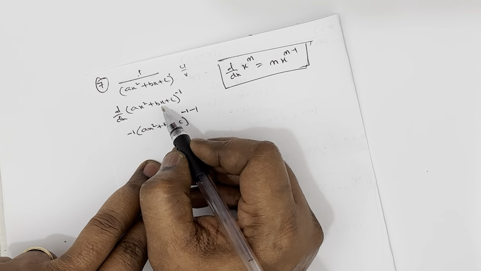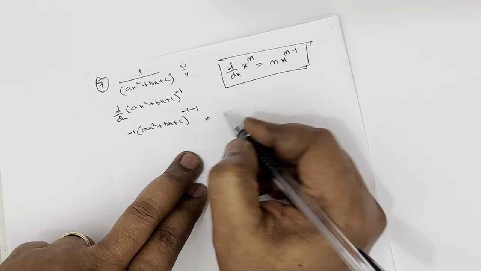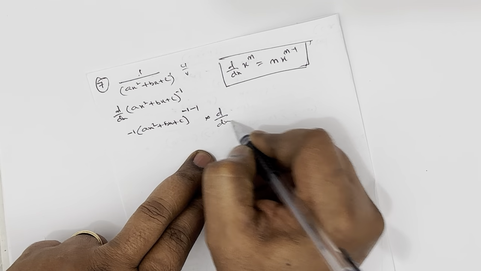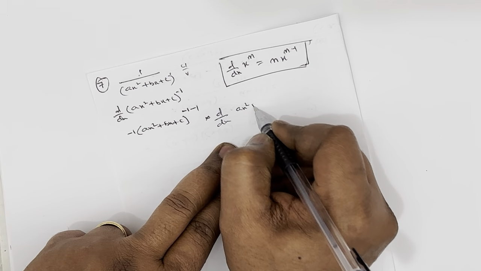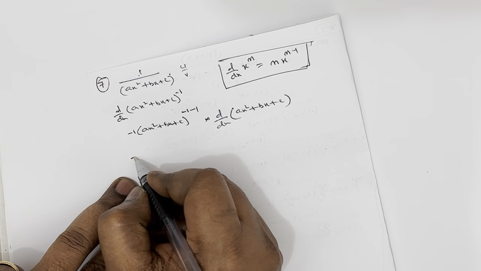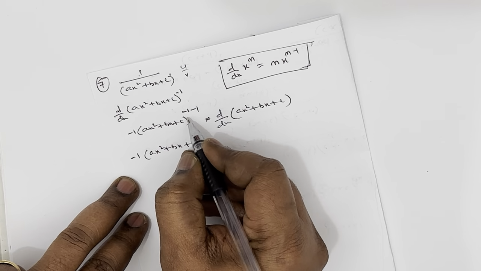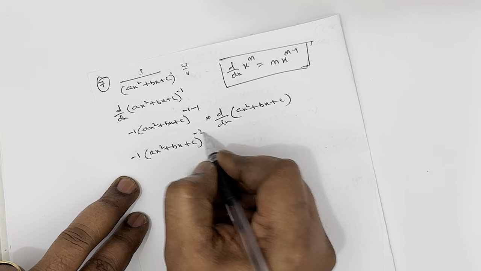Since we are assuming this, by using the chain rule we have to differentiate this again and multiply it, so d by dx of ax squared plus bx plus c. Okay, so this becomes minus 1 times ax squared plus bx plus c to the power minus 1 minus 1, which is minus 2.